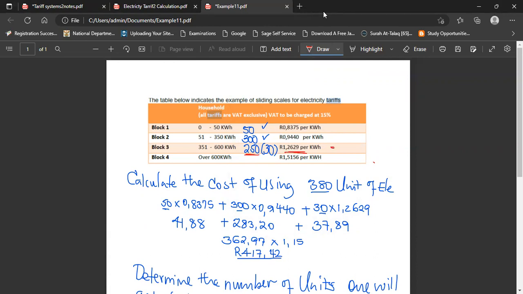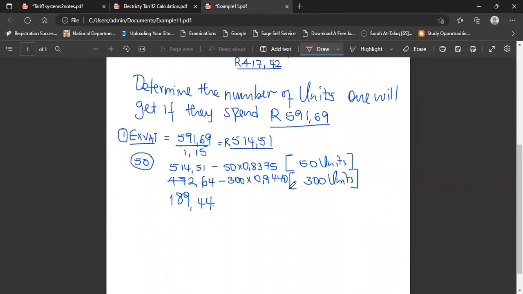So if I use a full block, which is 250 times 1,2629, I need to pay how much? 315. But this money is less than that. So simply meaning they use block 1, the 50 units, block 2 fully, and part of block number 3.